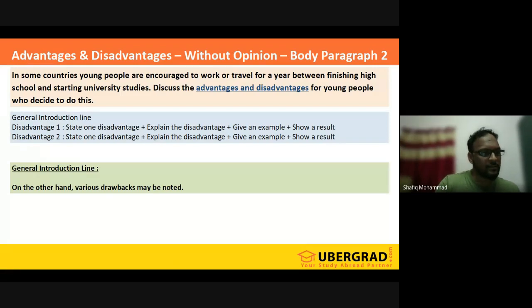Then someone has typed thirdly, moreover. Thirdly is not required, Atharva. Moreover is better. The last sentence should be the conclusion. The starting sentences like firstly and secondly are also very important.